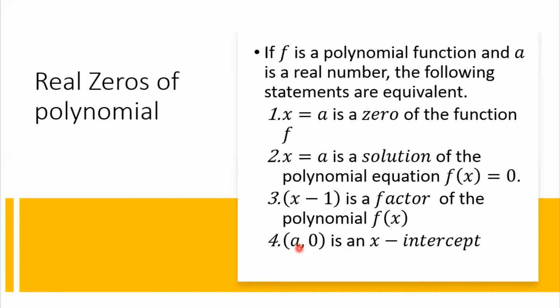Here a is a specific value for x, for example, 1 and 0. So 1, 0 is an x-intercept. The x-intercept is the value of x at which the graph touches the x-axis.